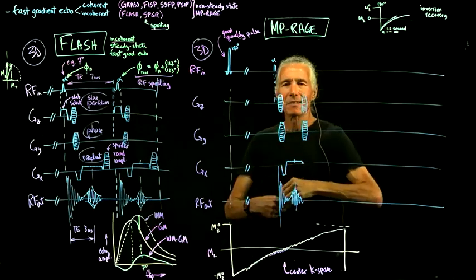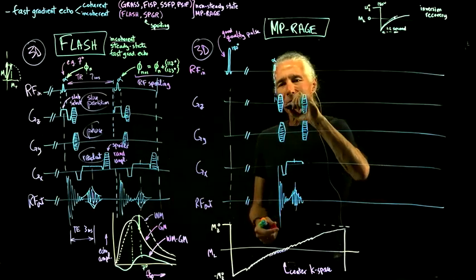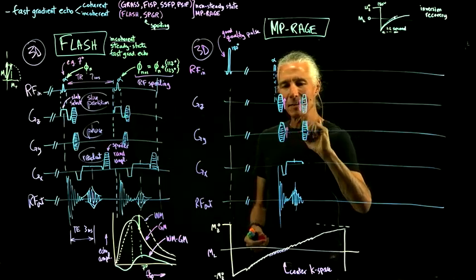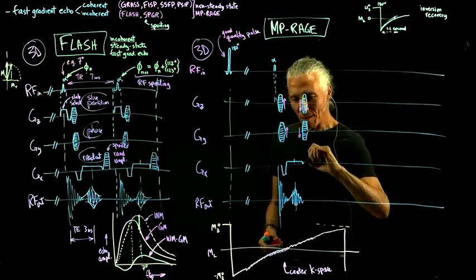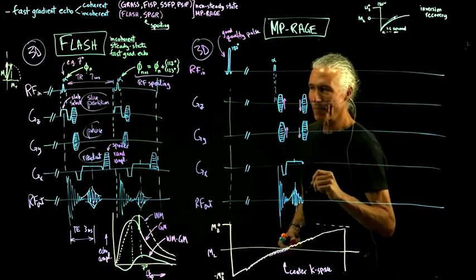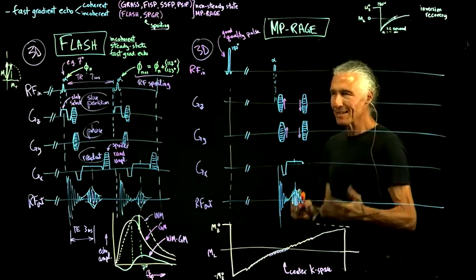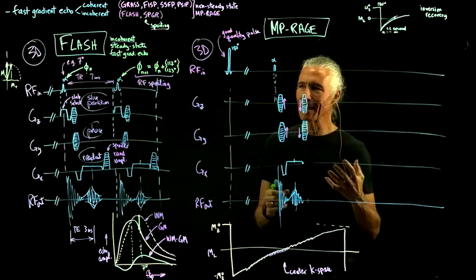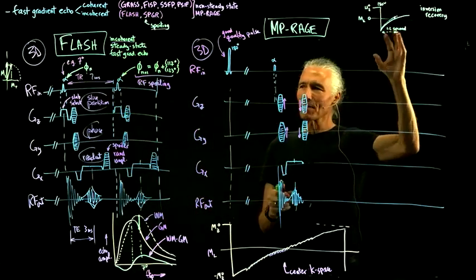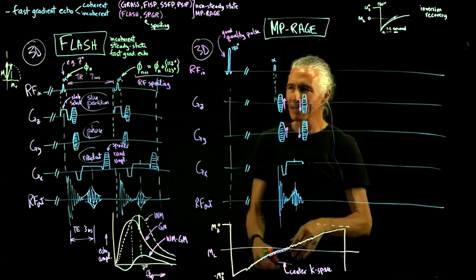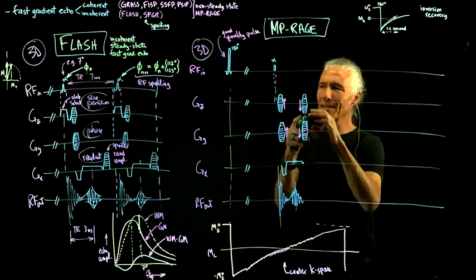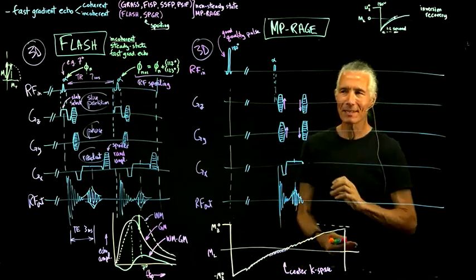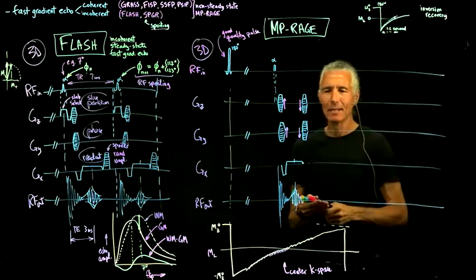So if we're going in that direction, then go back in that direction, but don't do anything here. Don't fix the readout. So the contrast still ends up looking like FLASH, even though it's kind of an ungainly combination of inversion recovery, and then some non-steady state things going on, and then you're doing something that's kind of like GRASS. But it works great. Best gray-white contrast that you can get.